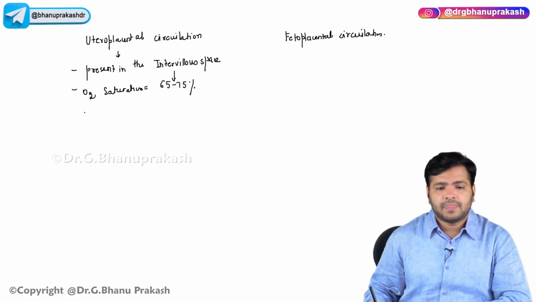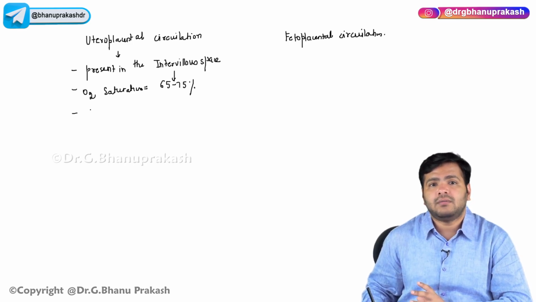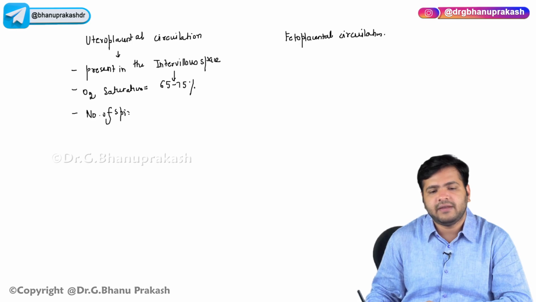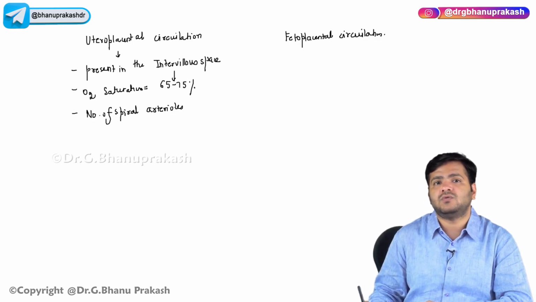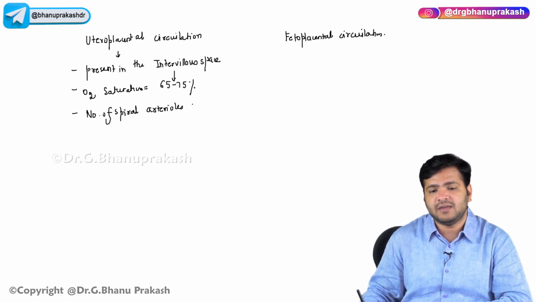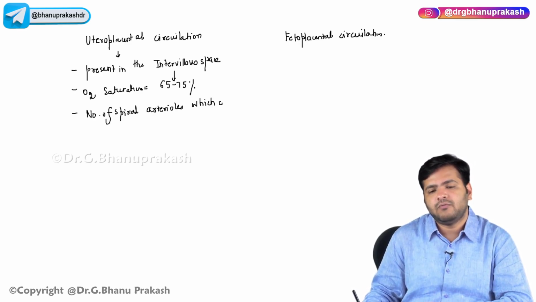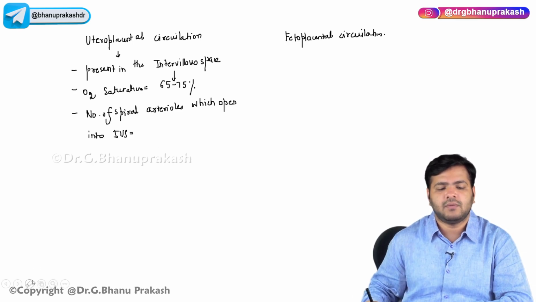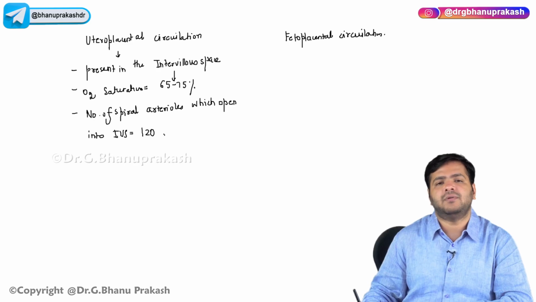Now, the number of spiral arterioles, the uterine arterioles, which open into this intervillous space, is 120 in number.